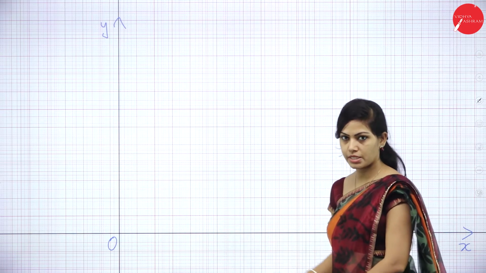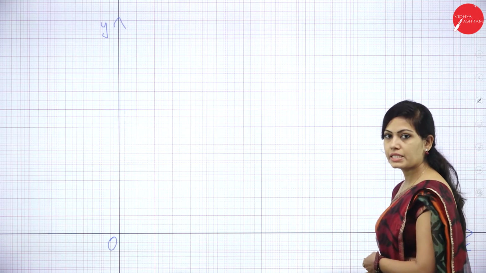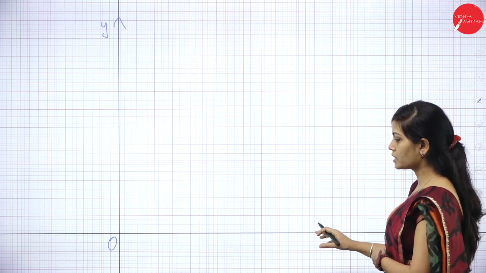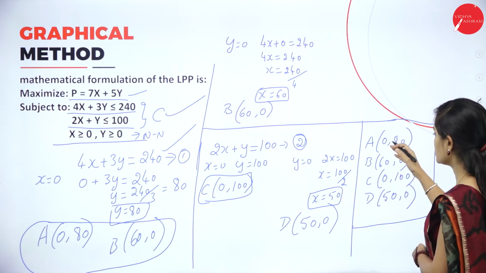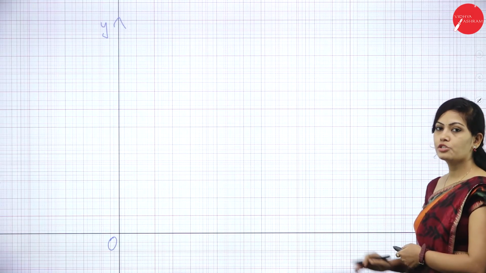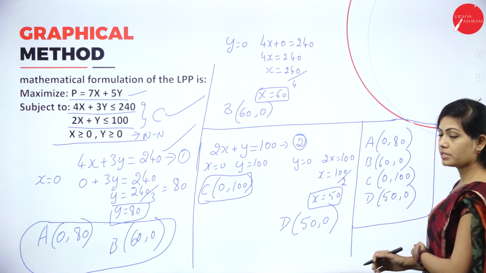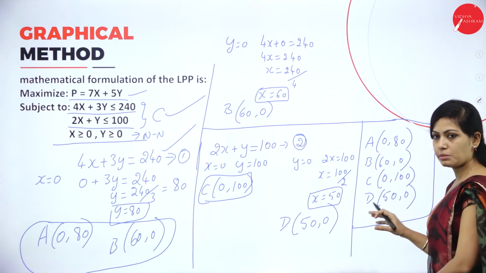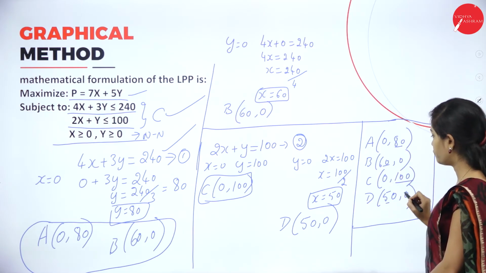Here, first I will consider the scale. First I need to find the maximum value among these points. Here the maximum value is 100, and next 80, 60, 50.